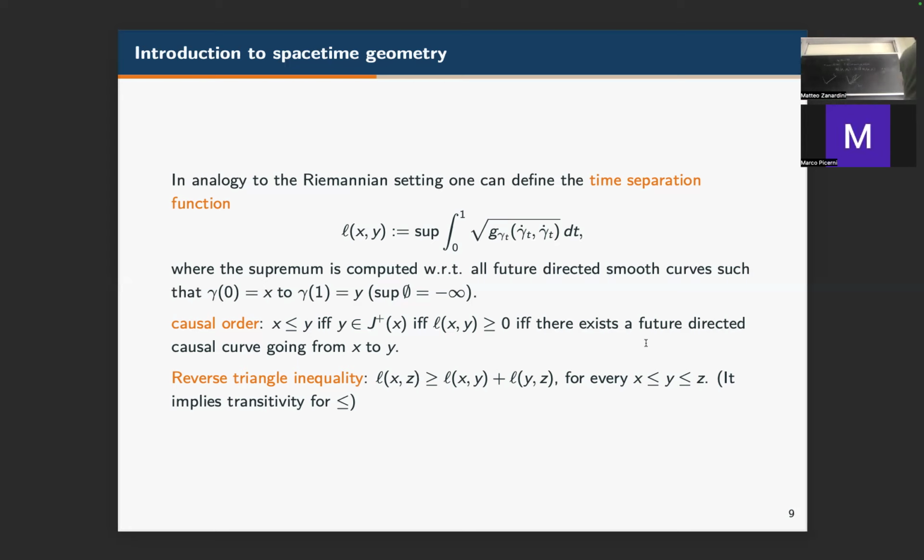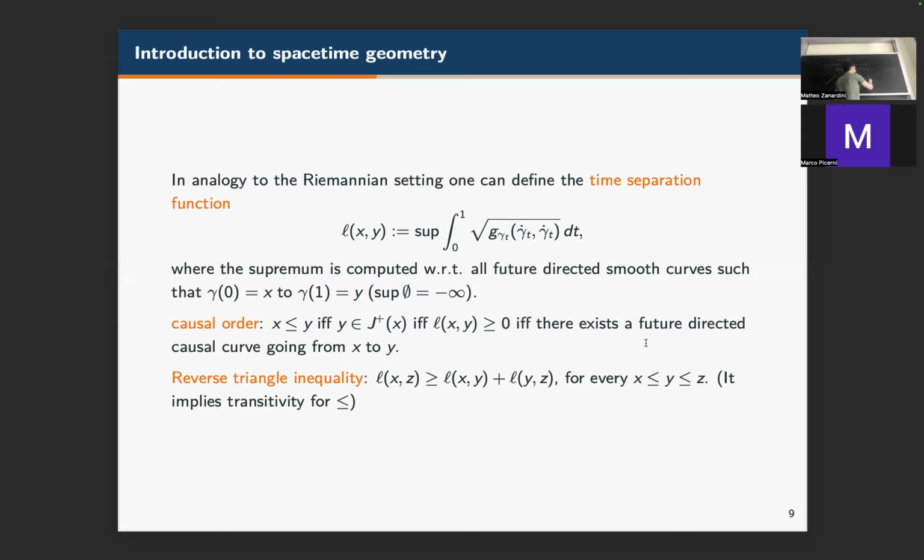Given a triplet of points, with x in the causal past of y, and y in the causal past of z, then the time separation from x to z is bigger than the time separation from x to y plus the time separation from y to z.